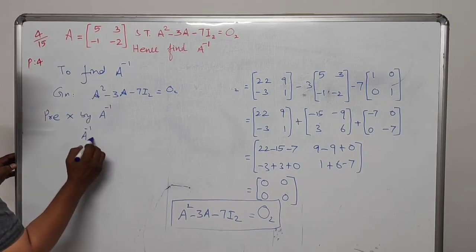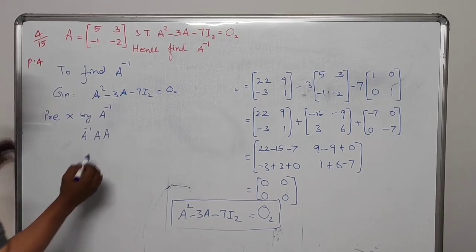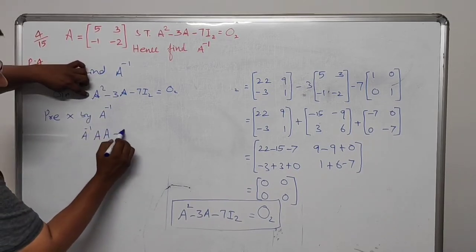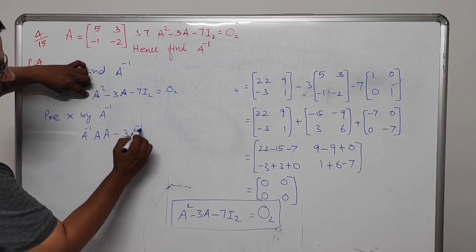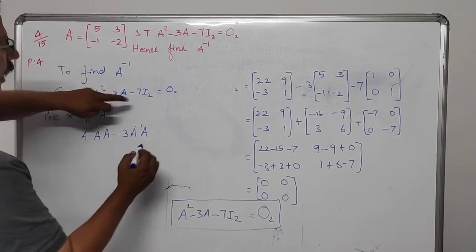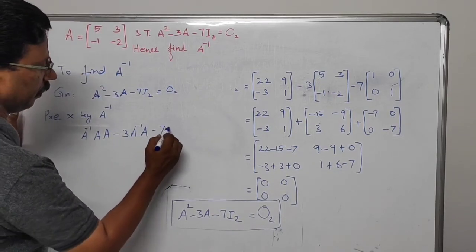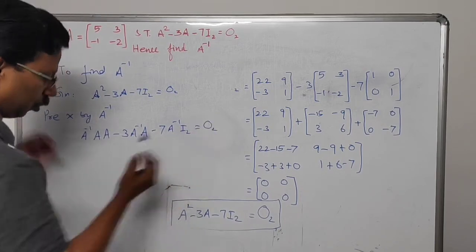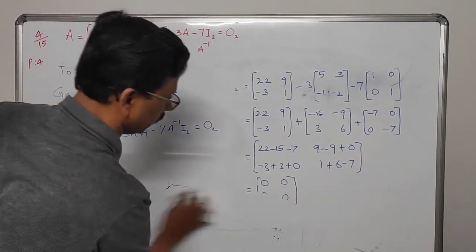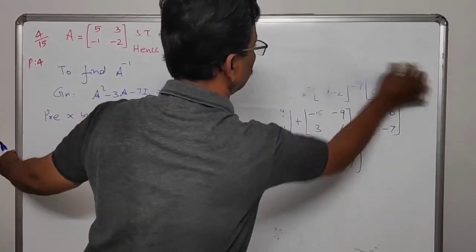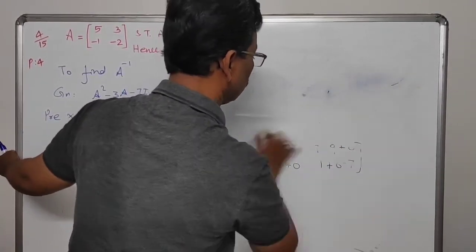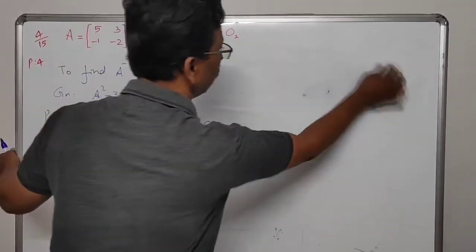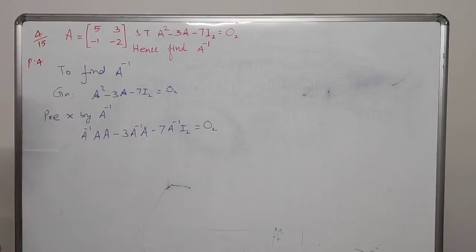This A square can be written as A into A. Now minus 3 into A inverse into A, then minus 7 A inverse into I2 is equal to O2. Just we have pre-multiplied by A inverse. Now from this we need to find A inverse.